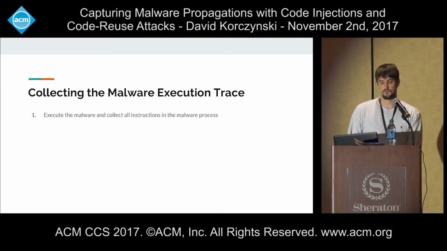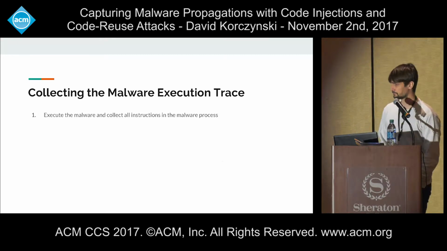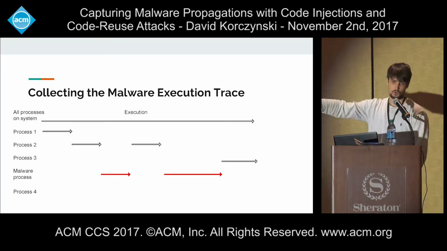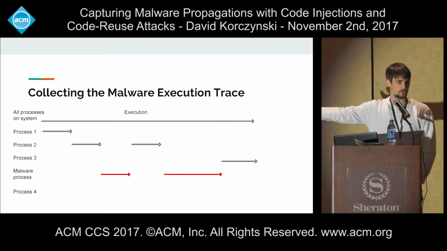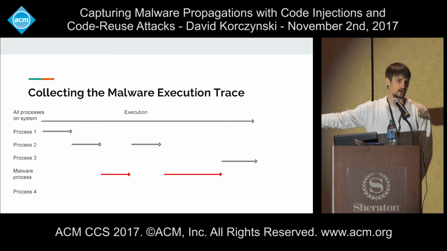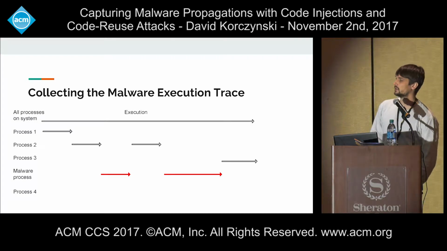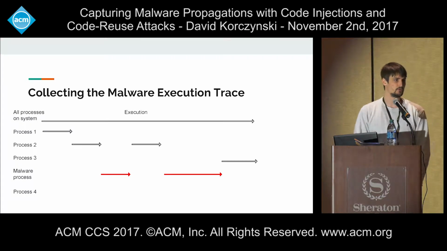If we visualize what you are going to get, you will have a system with a bunch of different processes running. All of the gray arrows represent benign code execution, and all the red arrows represent malicious code execution. There's nothing surprising here, and you're going to get all of the instructions executed within the malware process.